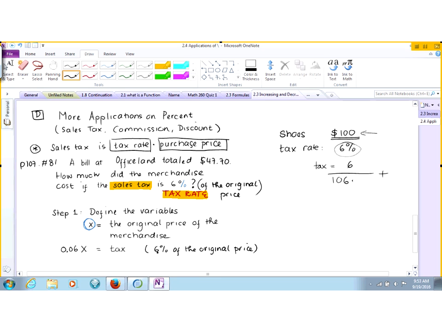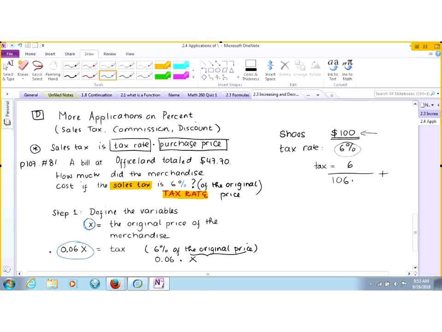How do you translate this? Translate 6%. 0.06 times the original price, X. We call it X. That's why this is 0.06 times X. Does that make sense?